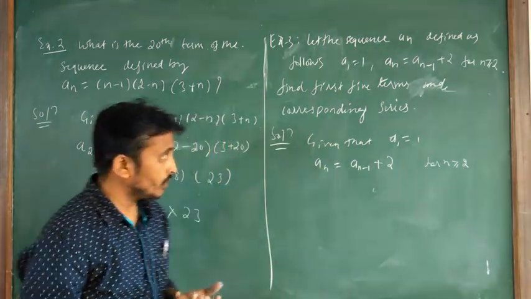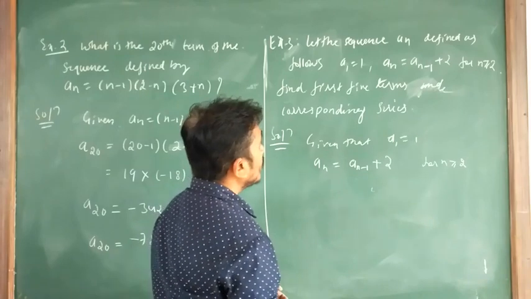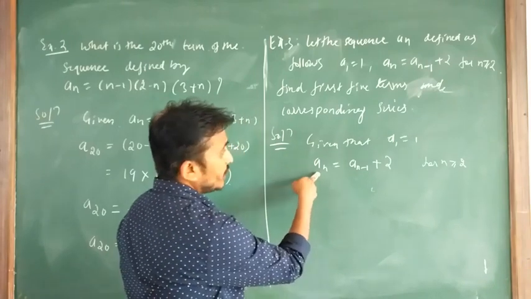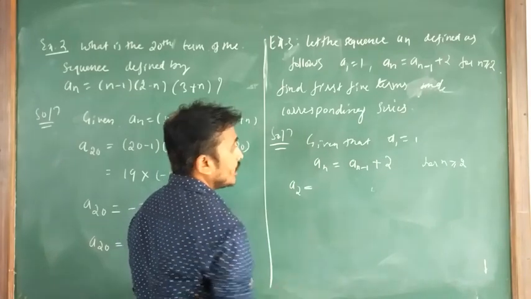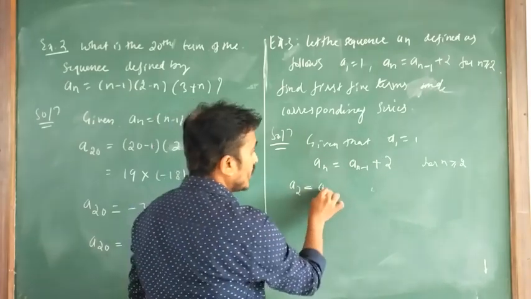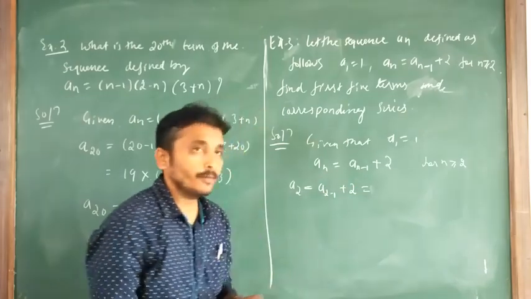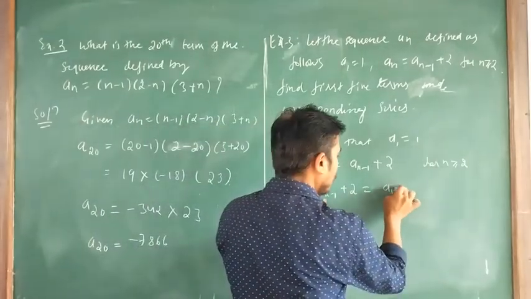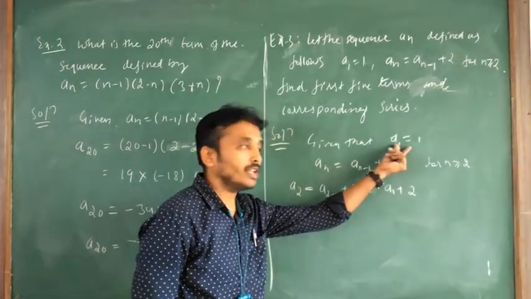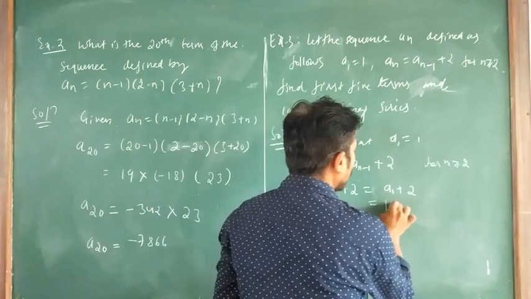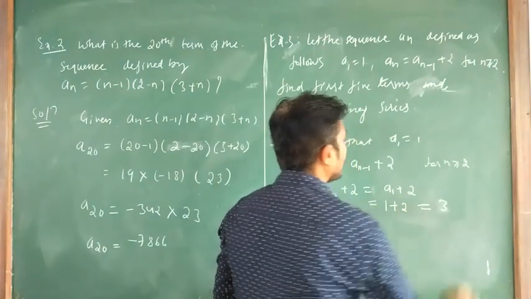For n equals 2, a2 equals a2 minus 1 plus 2, which is a1 plus 2. Since a1 equals 1, that is 1 plus 2, which equals 3.